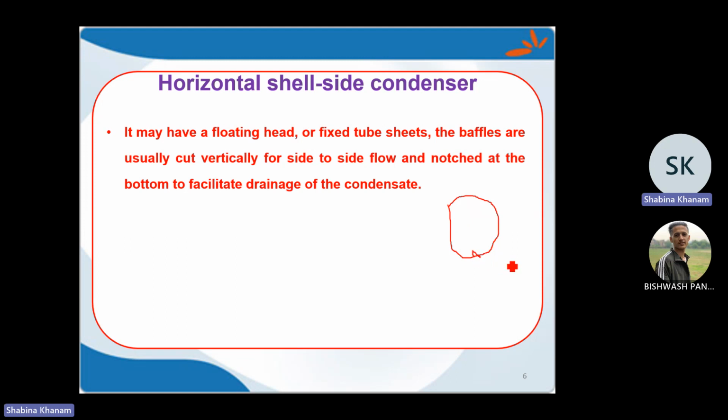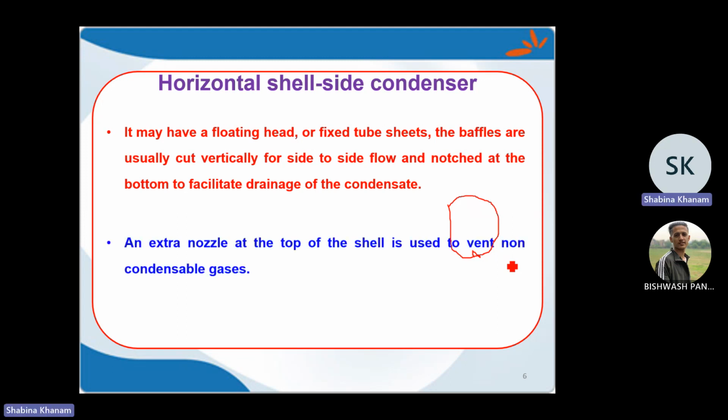A V notch is a simple V cut at the bottom, which allows the condensate to be removed continuously, and the tubes will be available for vapor to condense further. So in that way you can consider the baffle, and baffle spacing will be equal to the shell diameter, which we have already discussed. And that is about the baffle.